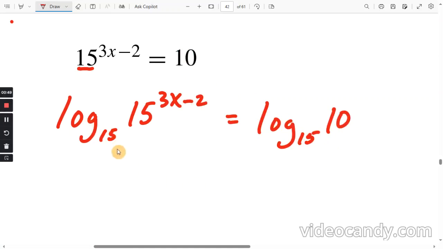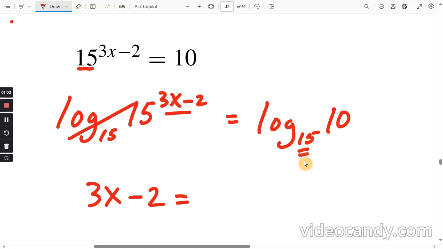On the left-hand side, log base 15 and 15 cancel, and you're left with the exponent, 3x minus 2. And here we're going to use the change of base formula. Remember, the base is always on the bottom. So when we do the change of base formula, you use log, or you can use natural log.